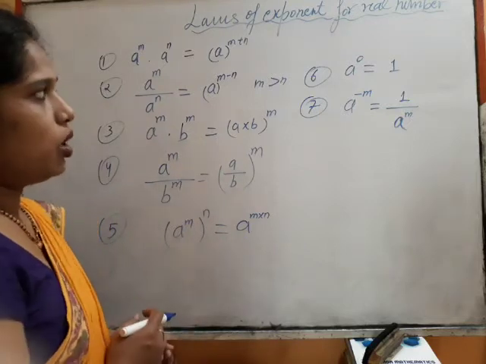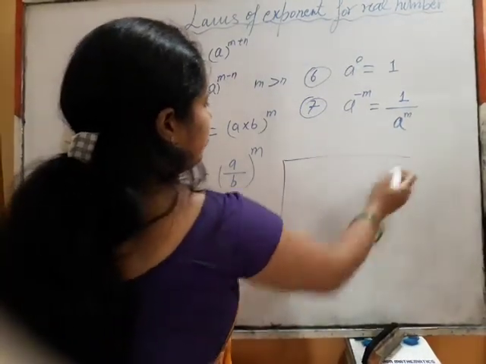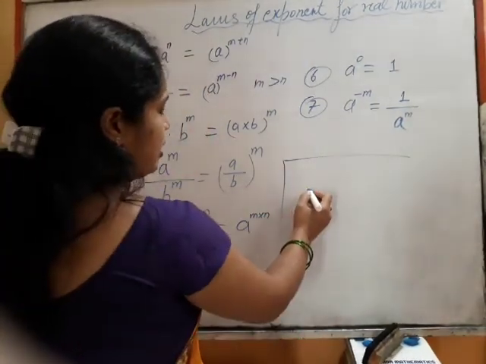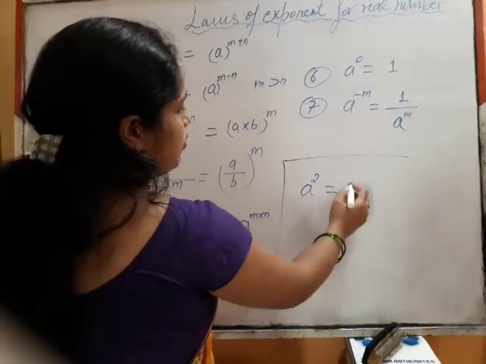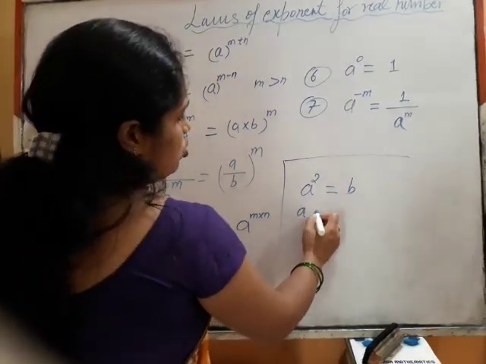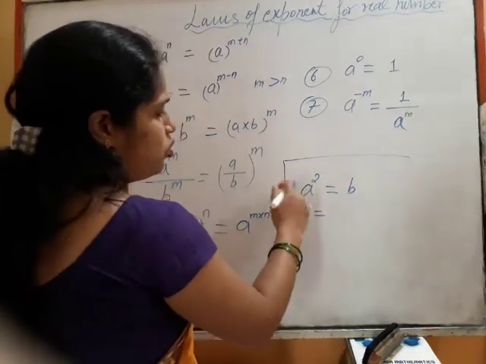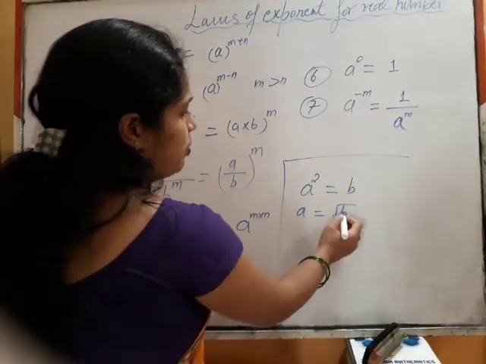One more thing, dear students, in so many questions we come across a situation like a square is equal to, suppose, b. When we remove the square from the left hand side, it becomes root b.